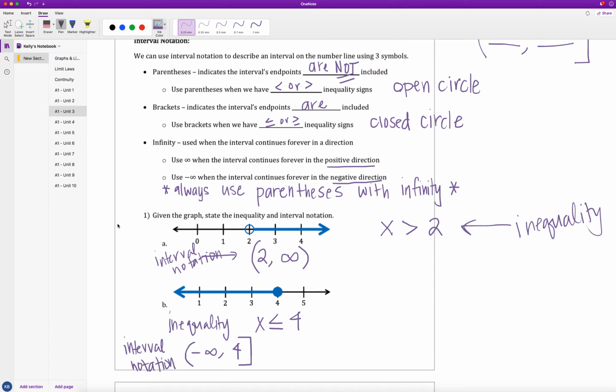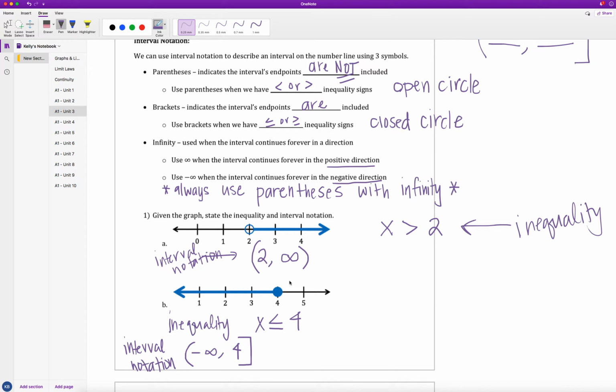As we can see from these first two examples, we're not really solving for anything here. Interval notation is just another way to describe a solution set. And as you take more math classes and get further and further, interval notation tends to get used a little bit more often than inequalities because it's convenient in terms of the problem's context.